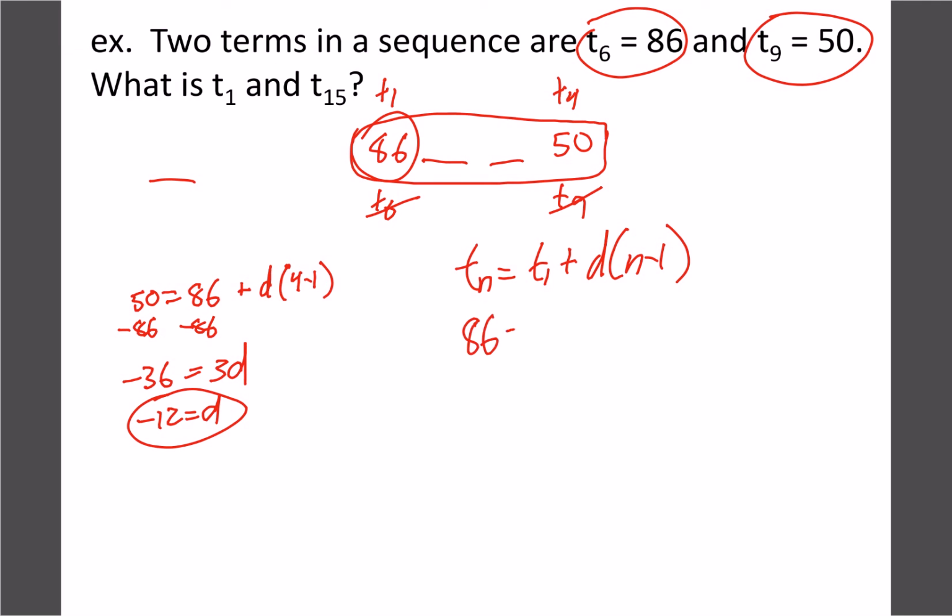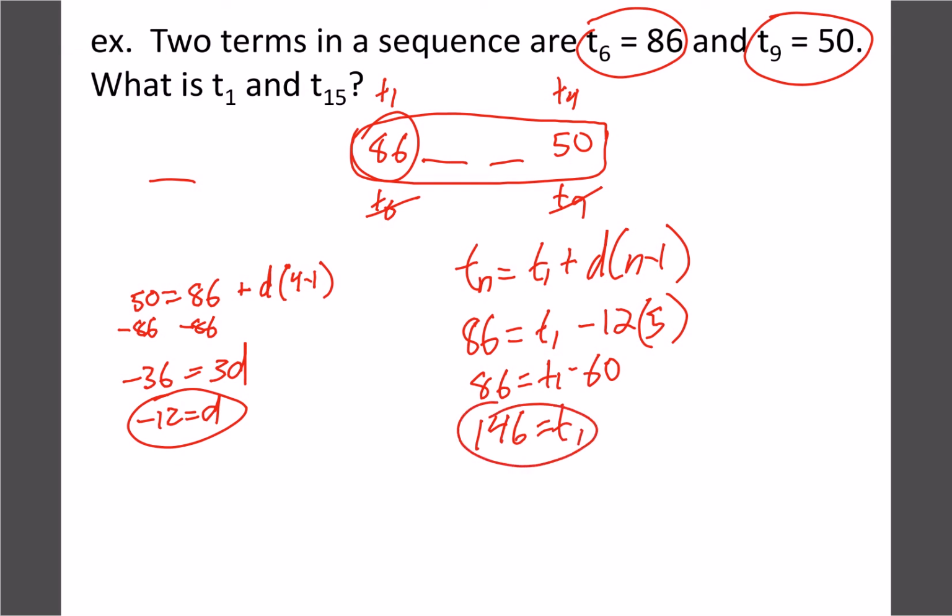So if term 6 is 86, term 1 is what we're looking for. Our difference is negative 12. If it's term 6, we'd have 6 minus 1 would be 5. So 12 times 5 is 60, so we'd have 86 equals T1 minus 60. Let's add 60 to both sides, and we get 146 for term 1. So there's our first answer.